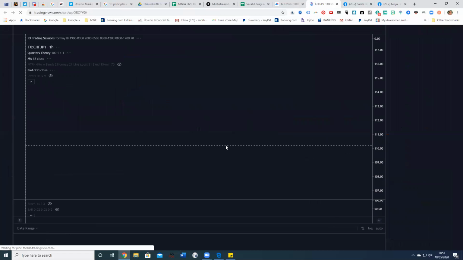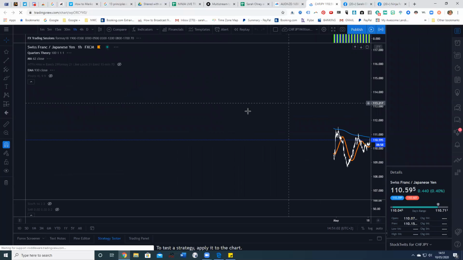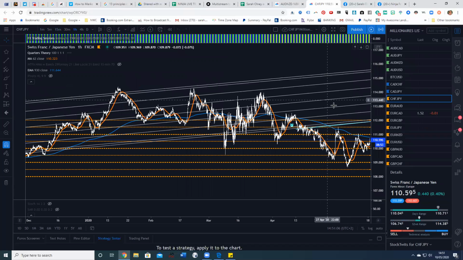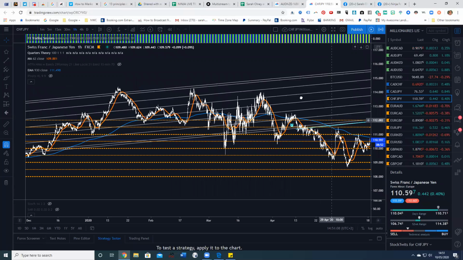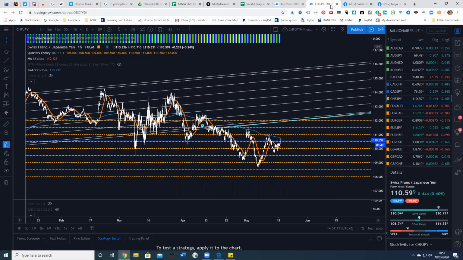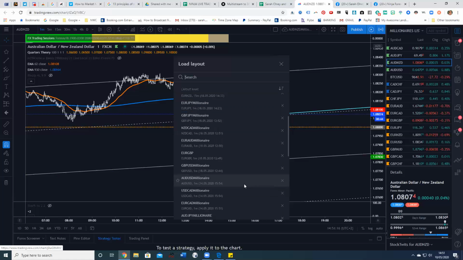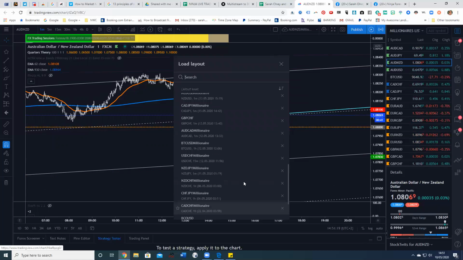I don't know if I've got anything on JPY. These ones at the bottom I don't look at too much. Outside the scan. I know I haven't got any other scans on those.